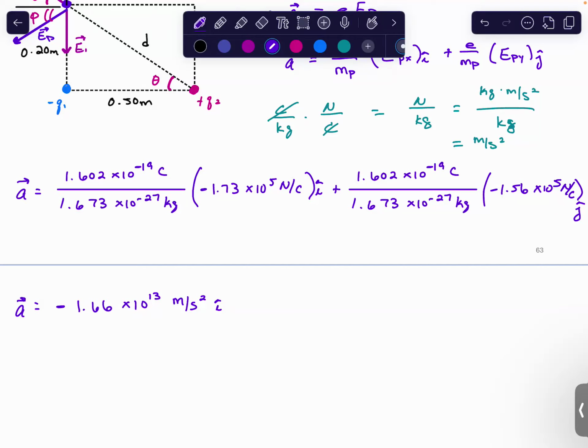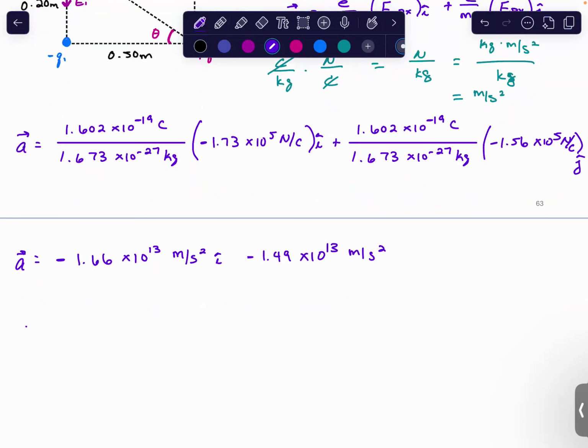So our other component for our acceleration will end up being 1.49 times 10 to the 13th meters per second squared. And I'll let you plug in these numbers because, of course, our magnitude is ax squared plus ay squared, to the 1/2.